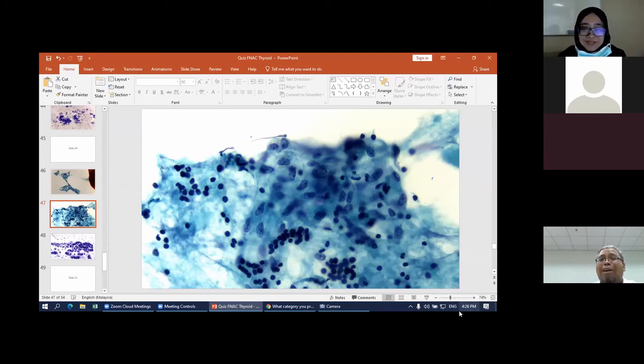Mind you, thyroid FNA cases are not that complicated. I'm sure there's no anaplastic or medullary cases. It's actually straightforward. And mind you, the benign cases are all there as well, even a very benign-looking nodular goiter. Do not be too excited to call everything neoplasm.